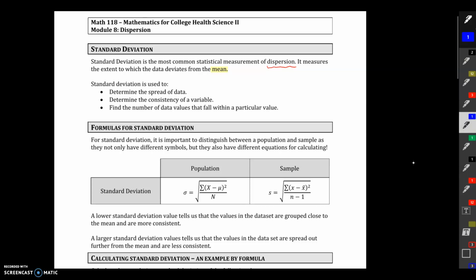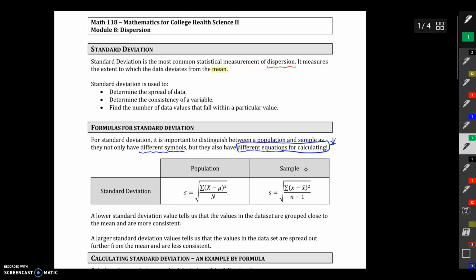For standard deviation, not only does it have different symbols depending on if we have a population data set compared to a sample data set, but they also have different equations. So it's key that we pay attention to whether we're dealing with a population or a sample data set, because the value for the standard deviation changes.